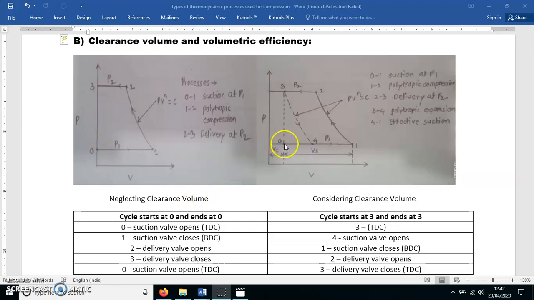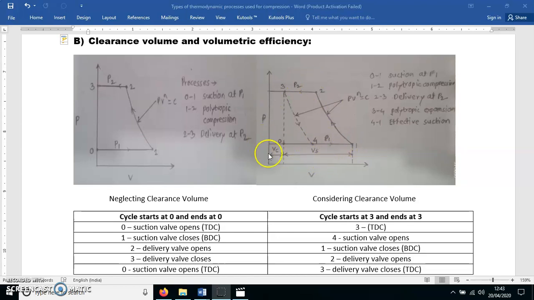But as here clearance volume is provided, this y-axis is your cylinder head and the 0 point is your top dead center. There is some volume enclosed here and that is called clearance volume. And when the piston moves from top dead center to bottom dead center, it covers the volume that is denoted by Vs, called the stroke volume.